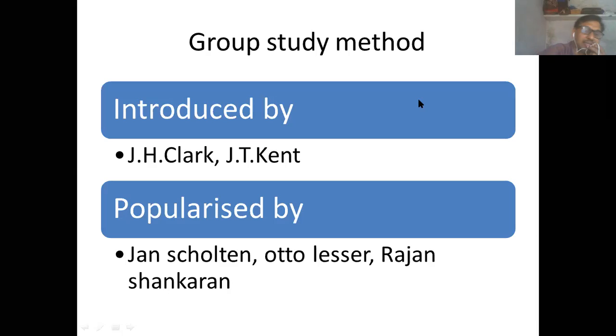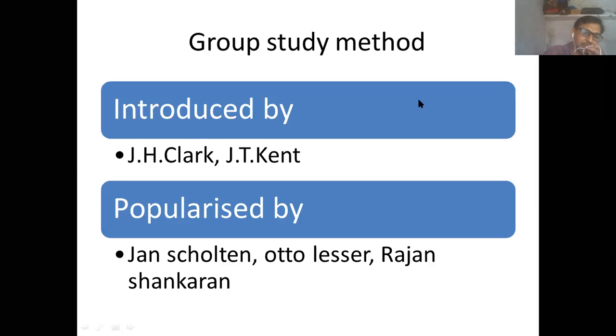Some say that it is J.H. Clark. J.H. Clark in the Clinical Repertory has emphasized this group study method, and some say that James Tyler Kent, while narrating about the new remedies in the Lesser Writings, introduced this group study method. Let us forget about the controversy.